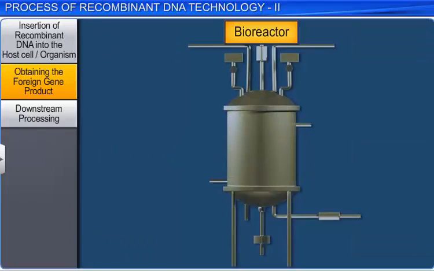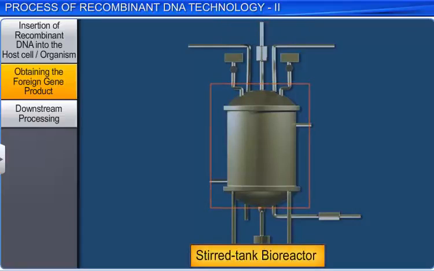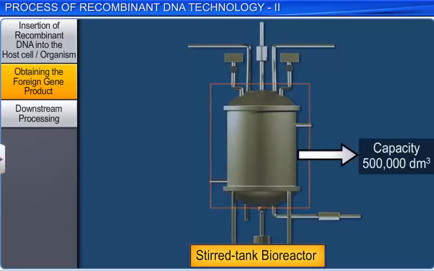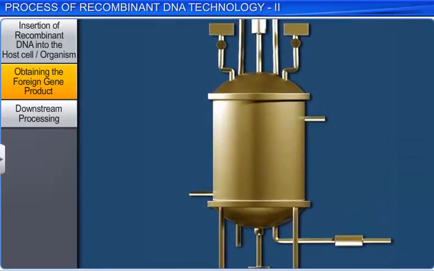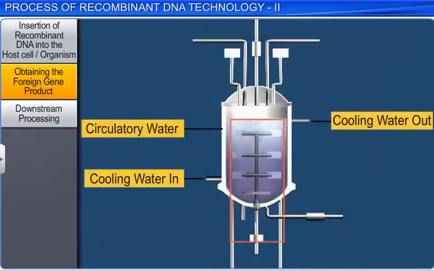The most commonly used bioreactor is the stirred tank type, which consists of a large stainless steel vessel with a capacity of up to 500,000 decimeter cube. Around the steel vessel is a jacket of circulatory water used to control the temperature inside the bioreactor.